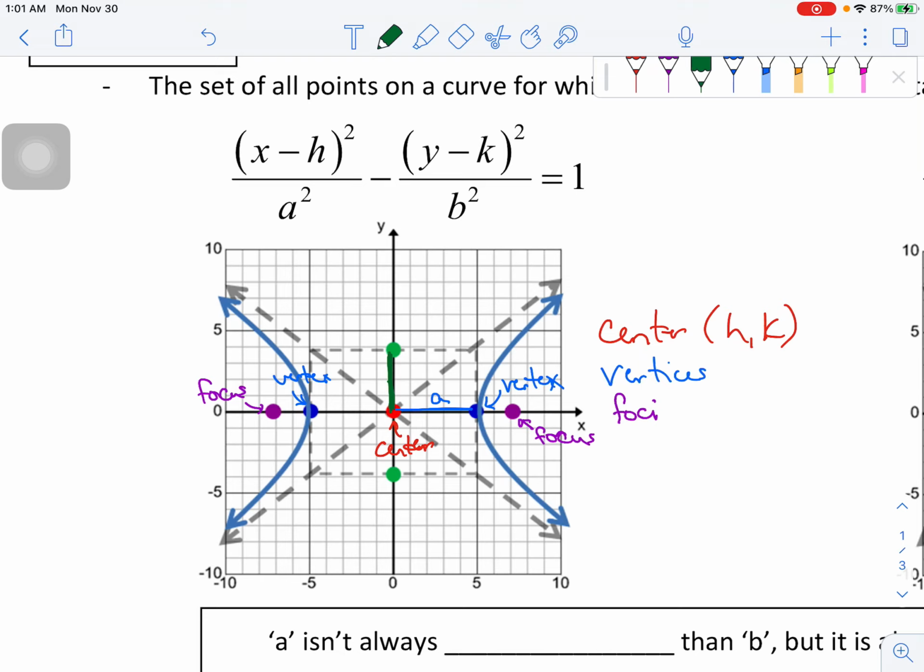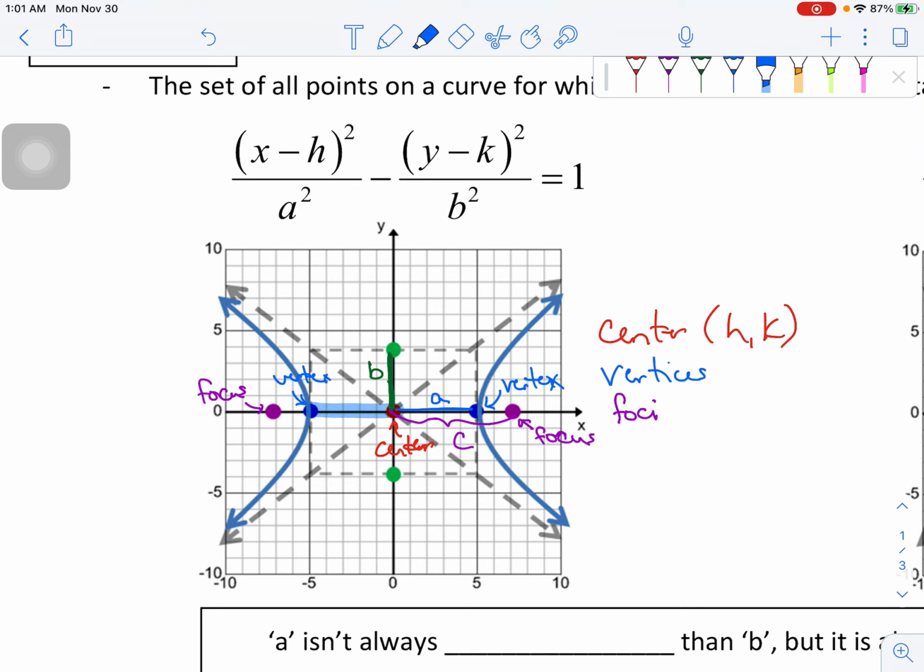But basically you'll notice there's a little rectangle in the middle that we draw. That's going to help us draw our asymptotes. So there's b. And your c value is going to be from the center to the focus. There's c.